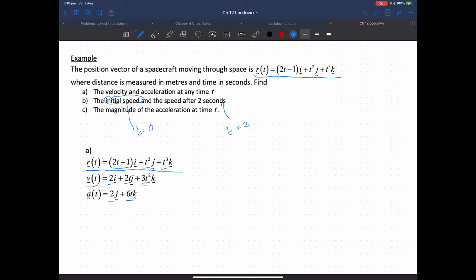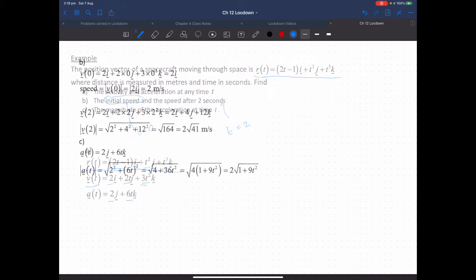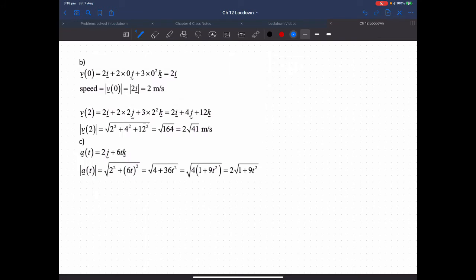So now let's go and consider this part of the question. For time equals 0, substituting that into the velocity formula, I get 2i plus 2 times 0j plus 3 times 0 squared k. So the parts with the zeros disappear. I'm just left with 2i.